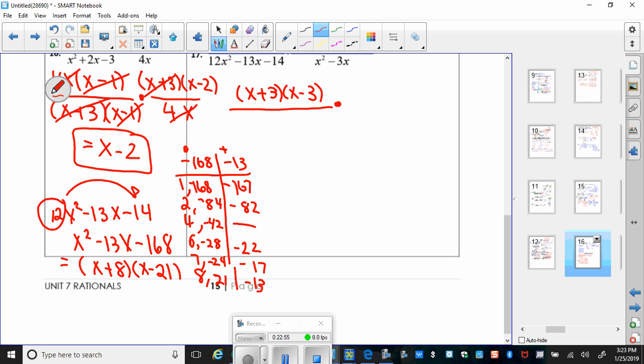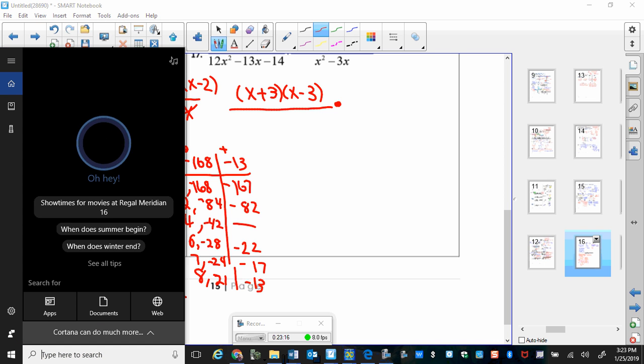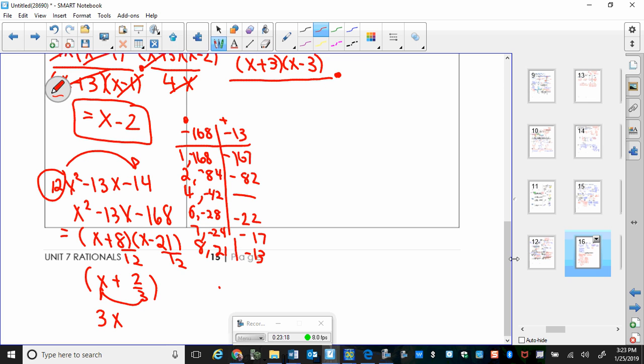I divide that 12 back out of each side, and I'm left with a fraction. I have x plus, let's see, 2 over 3 over here. This slides over, becomes 3x. Let me bring this down a little bit here. 3x plus 2, right?